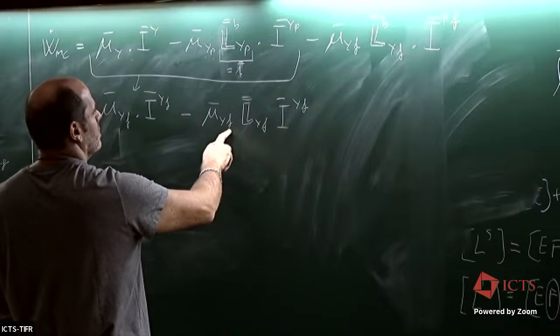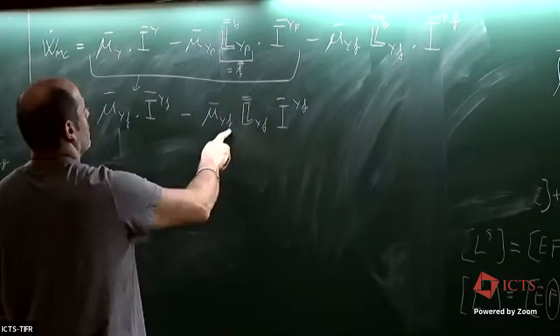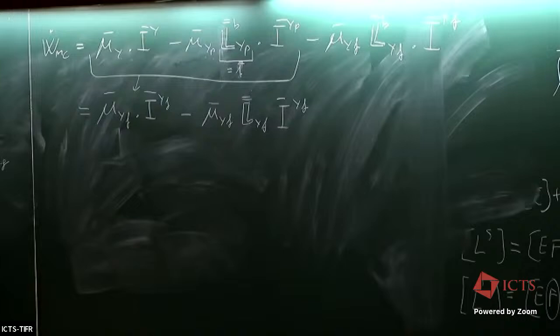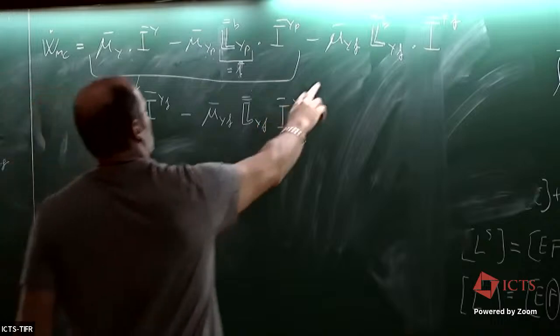I'm confused. Why was there the YP? I'm just, so this is wrong here.